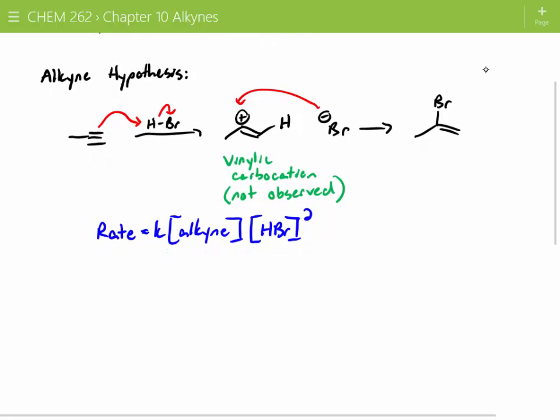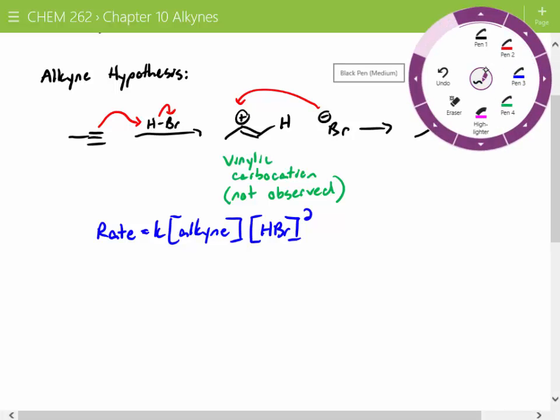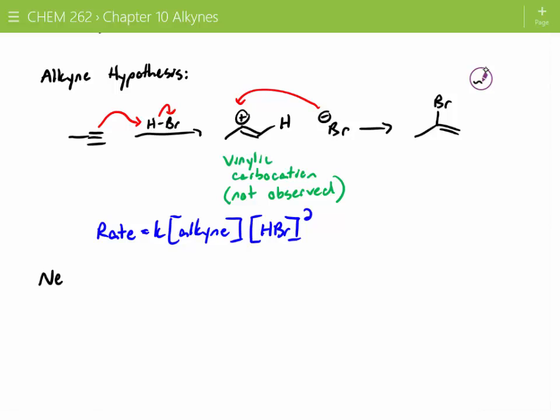So what's going on here? In order for the reaction to proceed, we need the alkyne to actually run into two equivalents of our HBr molecule, not just one. And so that experimental measurement forces us to come up with a new hypothesis. So our new hypothesis looks a little bit different, but gets us to the same product, and it's something we haven't really seen before.